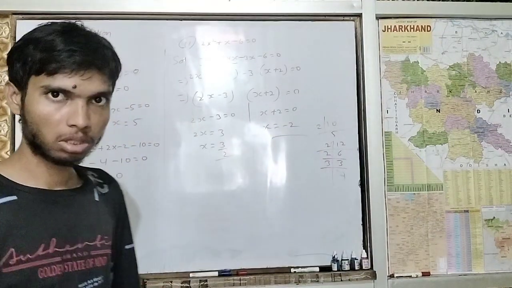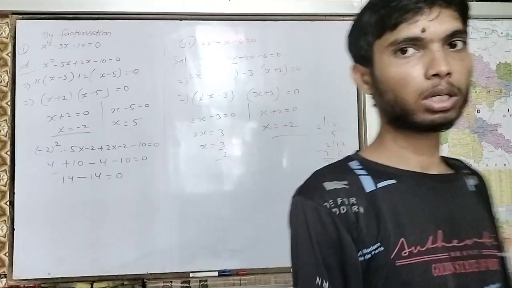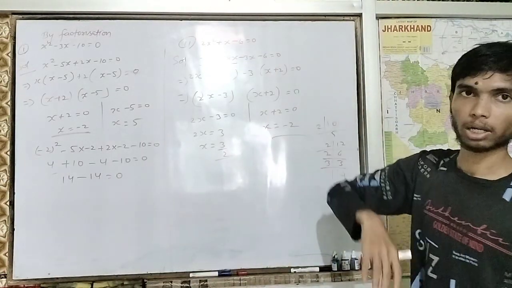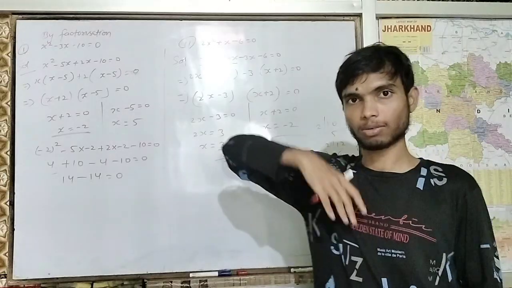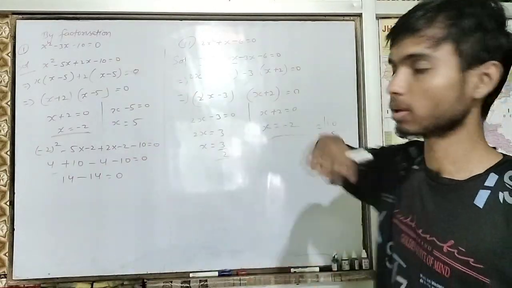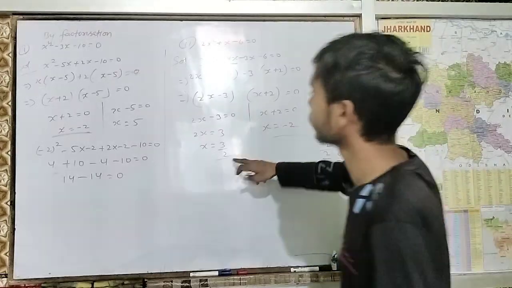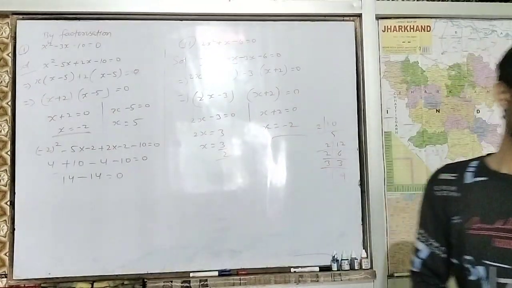These are two zeros. When we put these two zeros one by one in this quadratic equation, the LHS will become 0. This is the meaning of this answer. Clear?